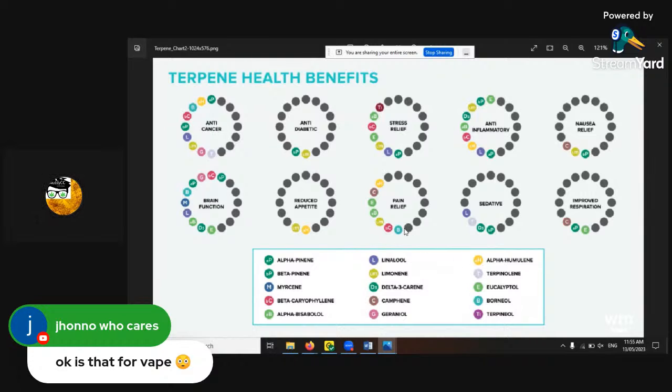Why isn't myrcene there? Maybe I'm wrong then. Where's myrcene? There, brain functions. Okay. Well, I'm really sure it's with pain relief. Just because it's not in this chart doesn't mean it's not. But this is an example of how you can use all these to your health advantage.